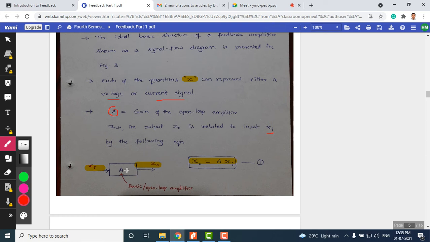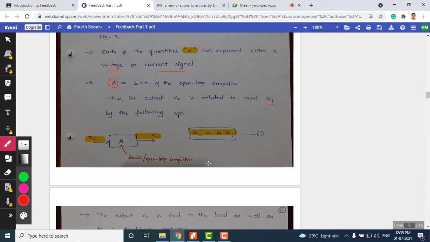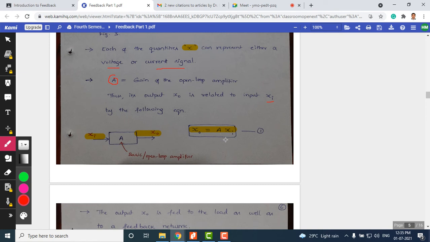This amplifier is assumed to be linear, because though the fundamental device is non-linear, to use it as an amplifier we clamp the input and output to the linear region of its characteristics. That is why the output and input are related linearly, given by equation 1.